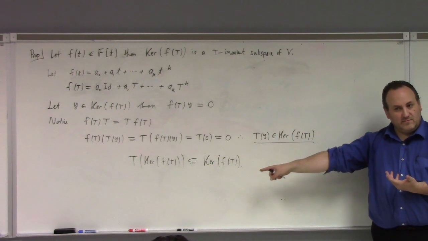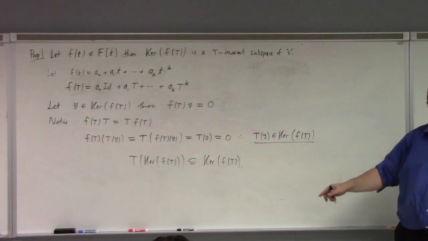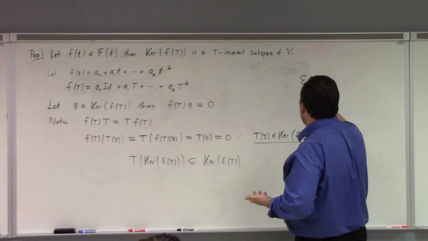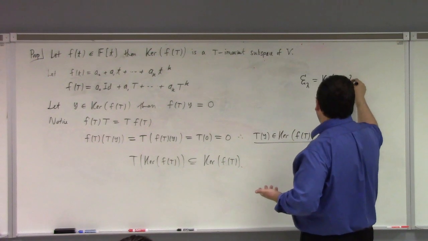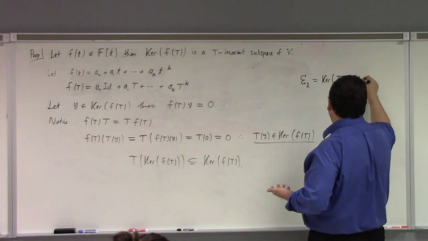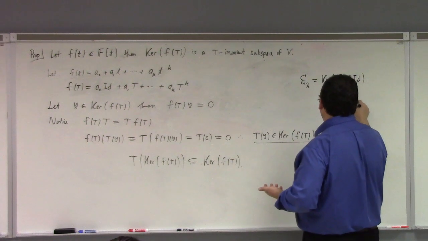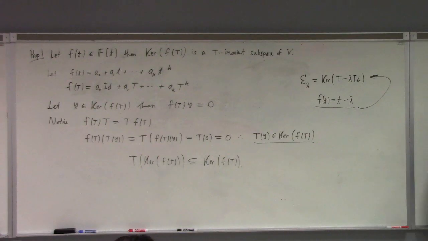Can you guys tell me where we could apply this proposition? How about eigenspace? What's an eigenspace? And we'll finish with this here. E sub lambda is the kernel of what? T minus lambda times the identity. So if you think about f of T simply equal to T minus lambda, this proposition proves that eigenspace is an invariant subspace.